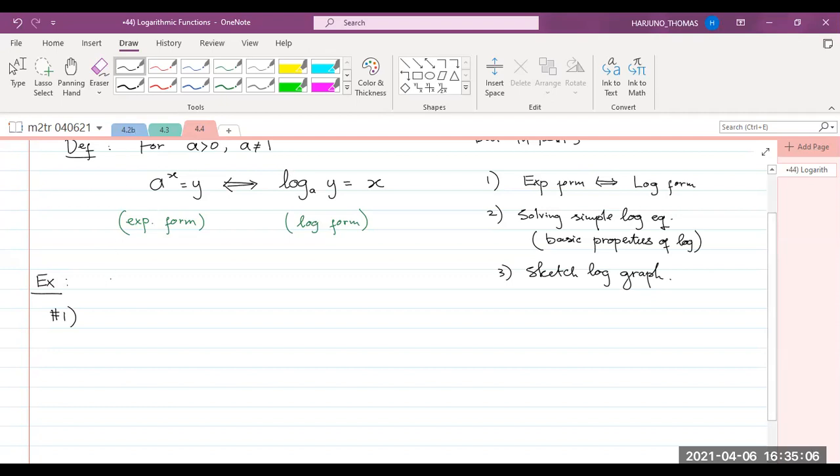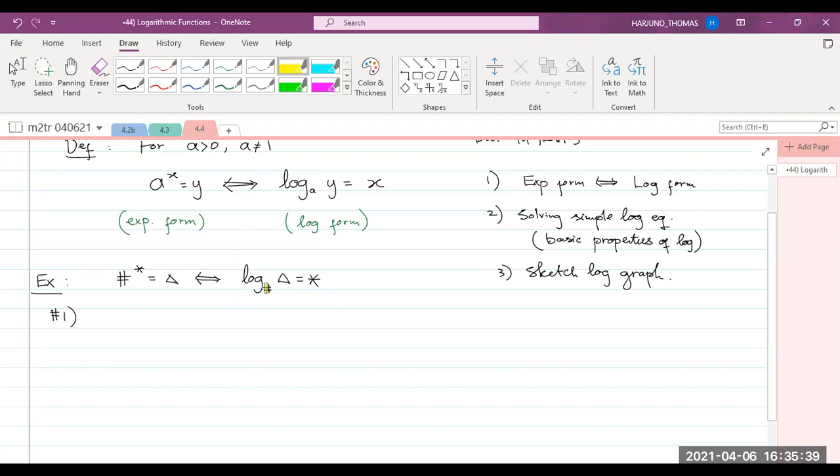Let's play this way. Suppose I have, for example, pound to the star equals triangle. That's exponential form. Then what will the logarithmic form be? That will be log base pound of triangle equals exponent.